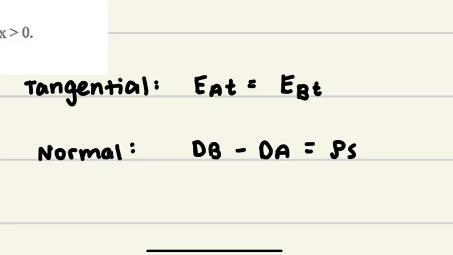From Maxwell's equations, for a surface with no surface electric field source, the tangential components of E must be the same on both sides. Therefore, E sub AT is equal to E sub BT. Tangential here means directions along the surface. So that's the y and z directions because the surface is on the plane at x equals 0.